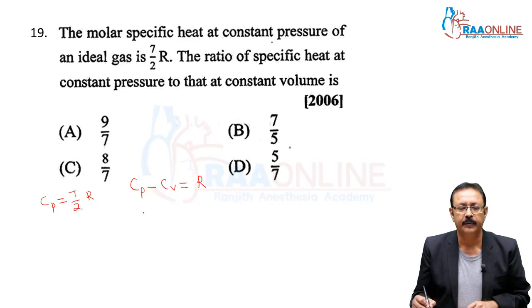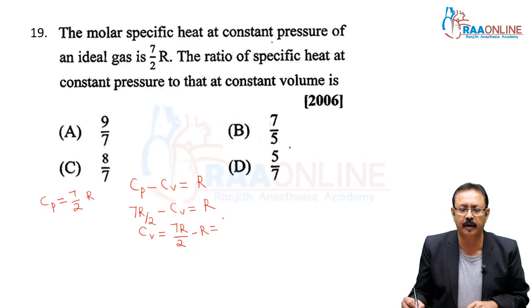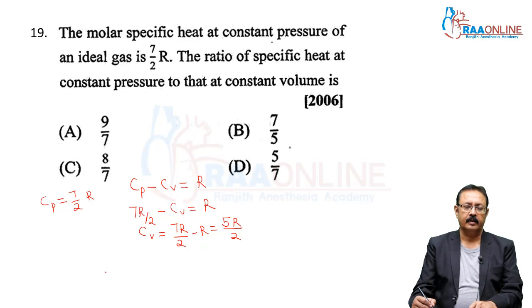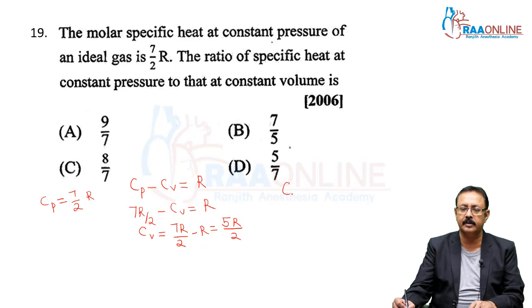Put the value: 7R/2 minus Cv is R. So Cv is 7R/2 minus R. Take LCM: 7R minus 2R, 5R divided by 2. That is Cv.